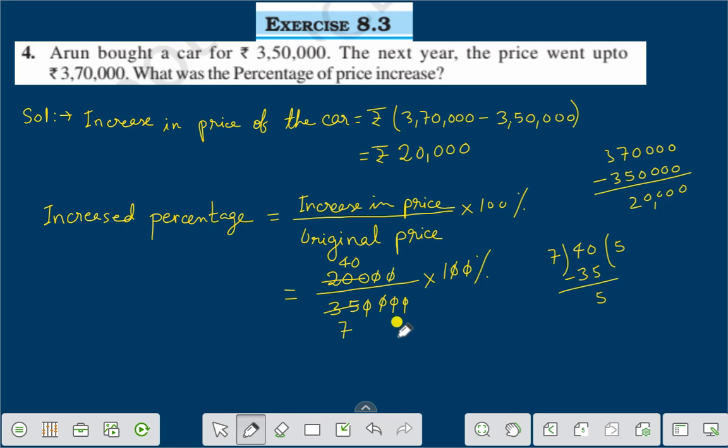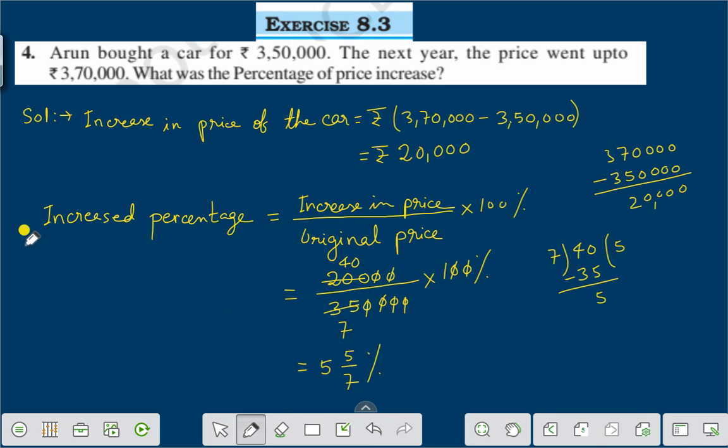We are getting 5 whole 5 by 7%. That is the increase in percentage, right? Hence, percentage of price increased is 5 whole 5 by 7%.